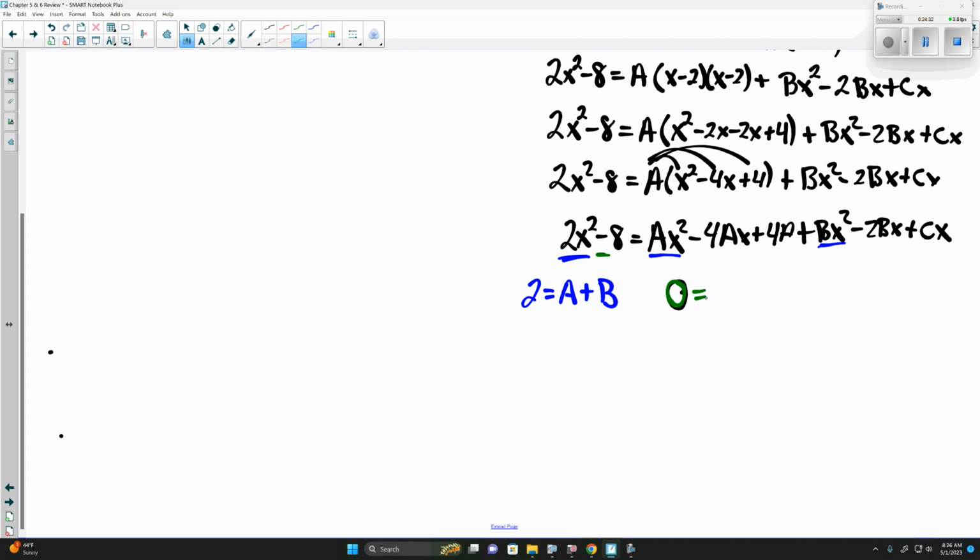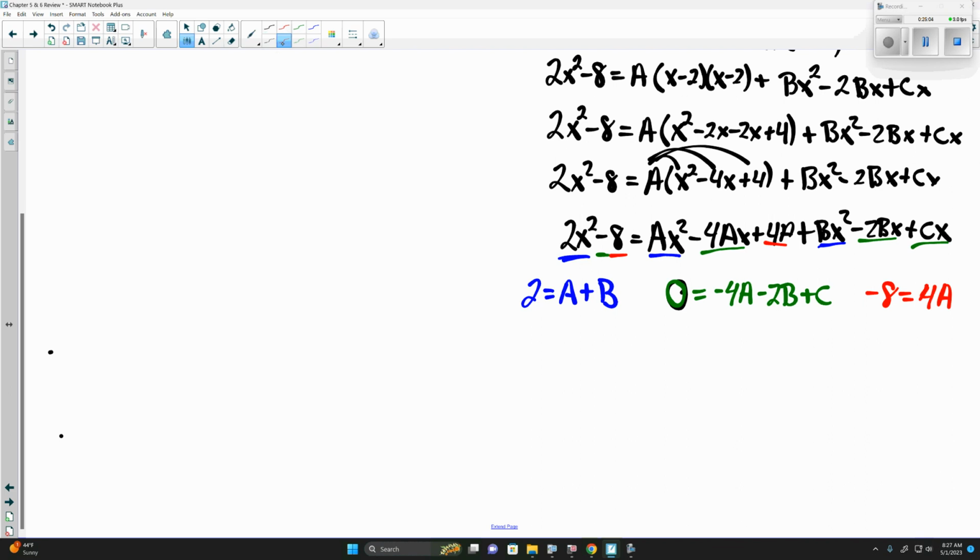Now this will match up with our -4ax, so -4a, -2bx, and plus c. And lastly, our constant term, -8. Well, the only thing that hasn't been used is 4a. So -8 is equal to 4a.